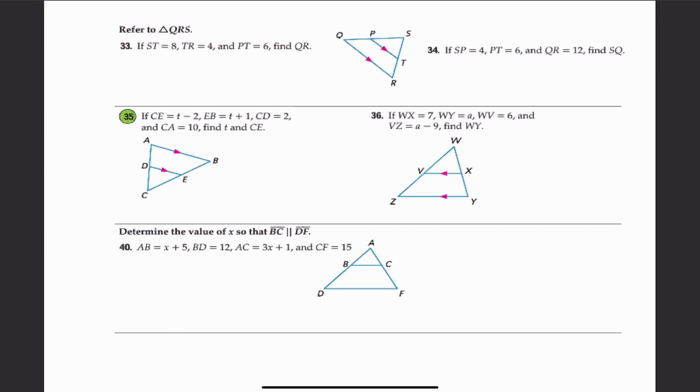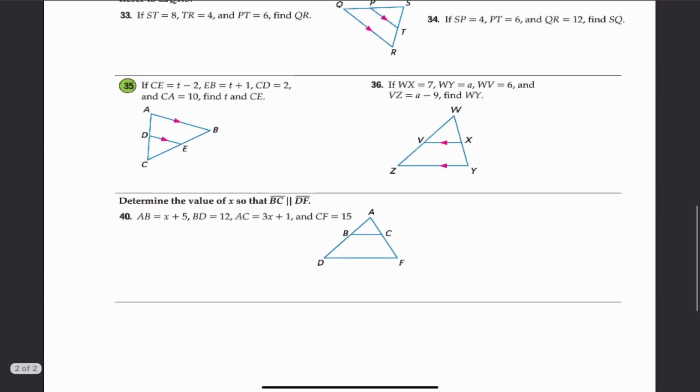So 33, I want to let you try that on your own. And then 34, SP is 4, PT is 6, and QR is 12. Okay, that's still using the same setup, and you're trying to figure out what this side here is to figure out what this side here is. So try that on your own as well.